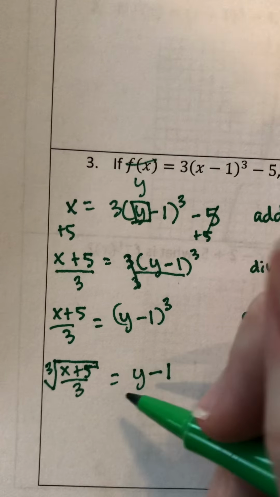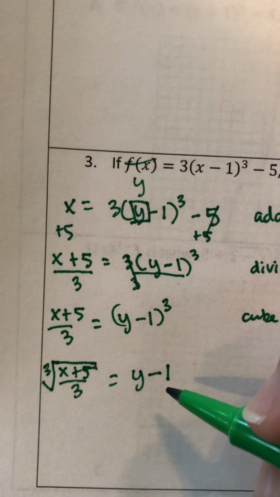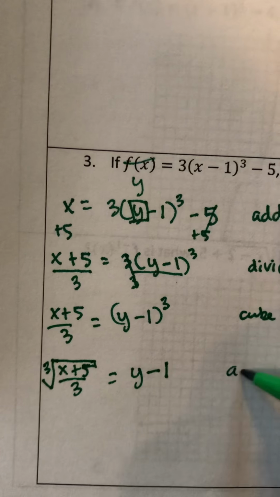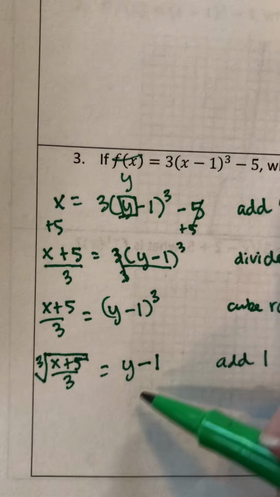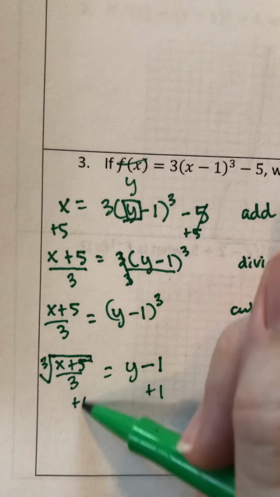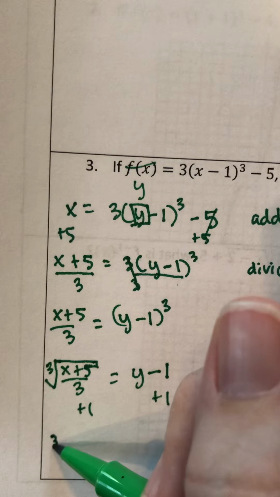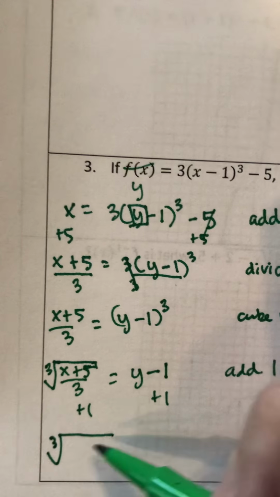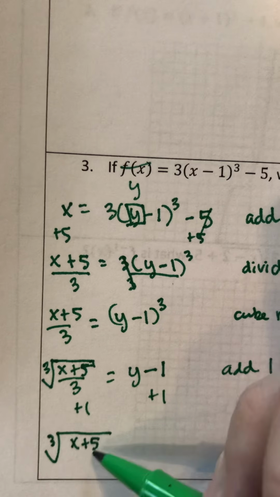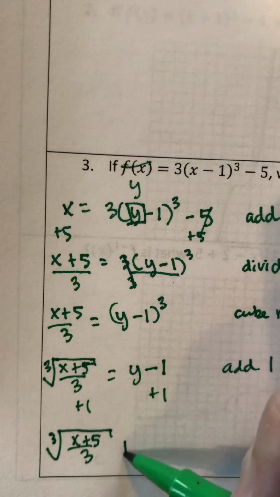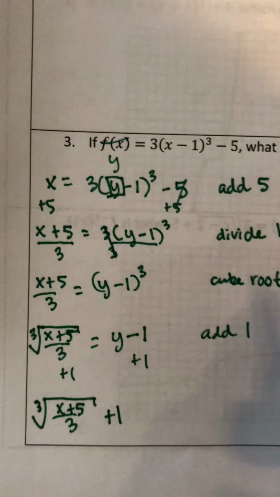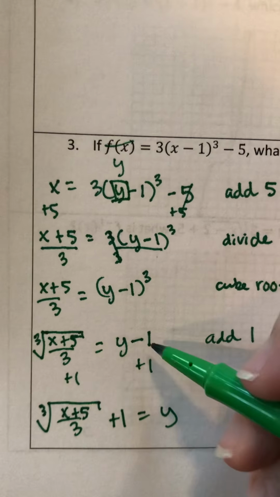And now I'm almost down to isolating that y. I just have to add 1 to both sides. And here you're going to make sure you put that 1 outside of the grouping symbol. So you're going to have the cube root of (x plus 5) divided by 3, and then put your plus 1 on the outside of that, equals y.